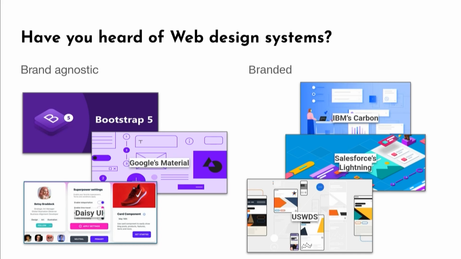So design system or design implementation were described and organized with components and different tools and artifacts. And because it's organized, we can manage them. For example, Bootstrap 5, Google Material, Daisy UI, IBM Carbon, Lightning from Salesforce, are design systems.